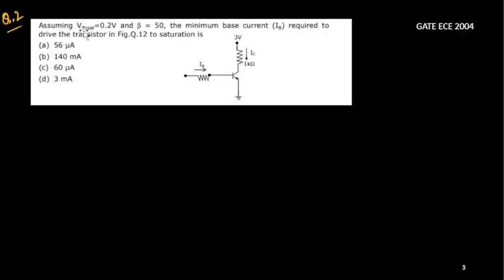Now it is said that VCE saturation, this potential between the collector and the emitter, is 0.2 volt when the transistor is in saturation. The question is: what is the minimum base current so that it will be in the saturation region?